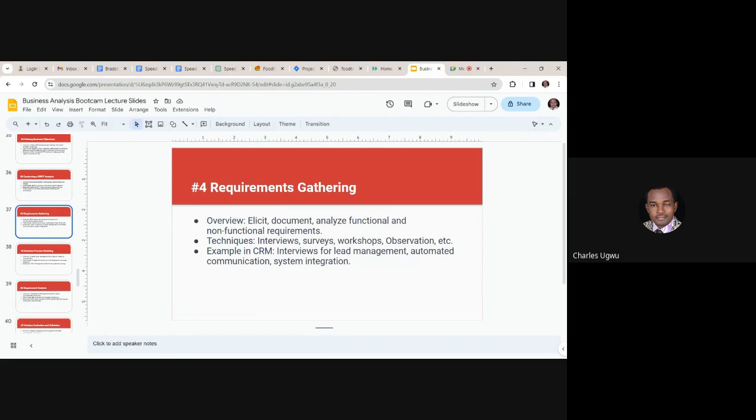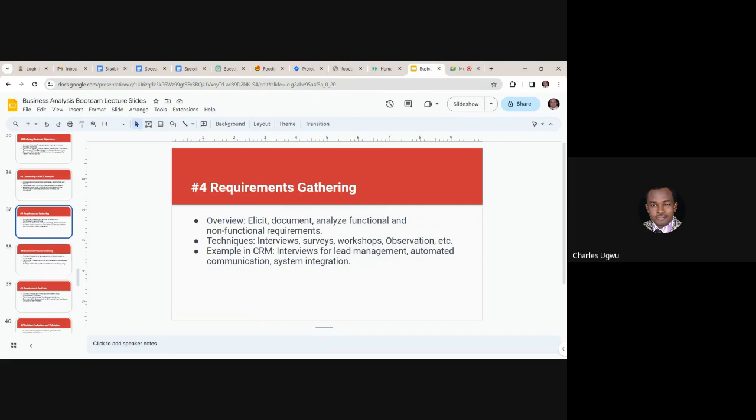Then another component here is requirement gathering. We can call it requirement elicitation or data collection. So this process is to elicit.